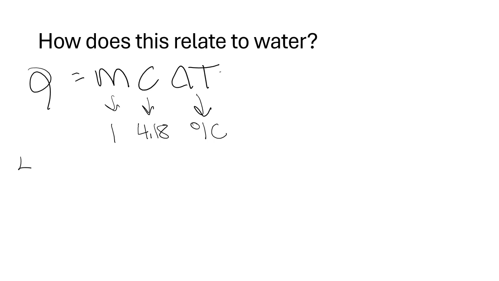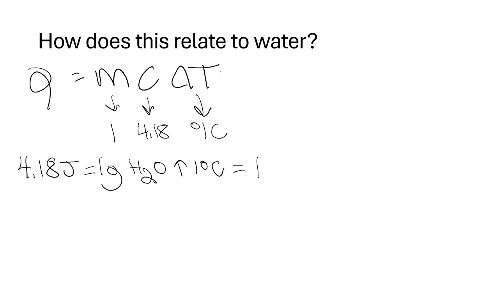So Q ends up being 4.18 joules, which raises 1 gram of H2O up 1 degree Celsius, which is also equal to 1 calorie. So a calorie is defined as 4.18 joules, or the energy it takes to raise 1 gram of the water in our body 1 degree Celsius.